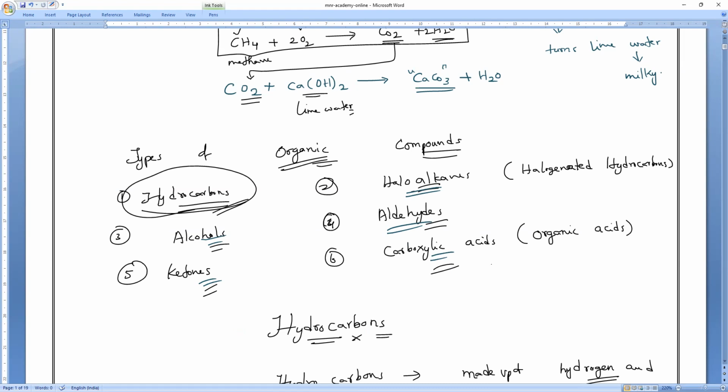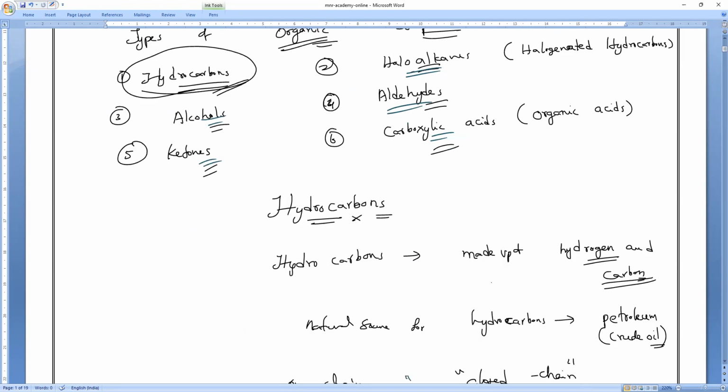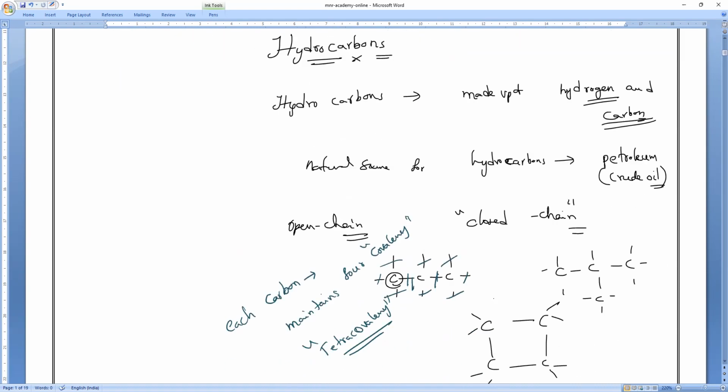So hydrocarbons are made up of carbon and hydrogen. Each carbon has to satisfy 4 valency. Remember, don't get confused. Valency or covalency, both are the same.